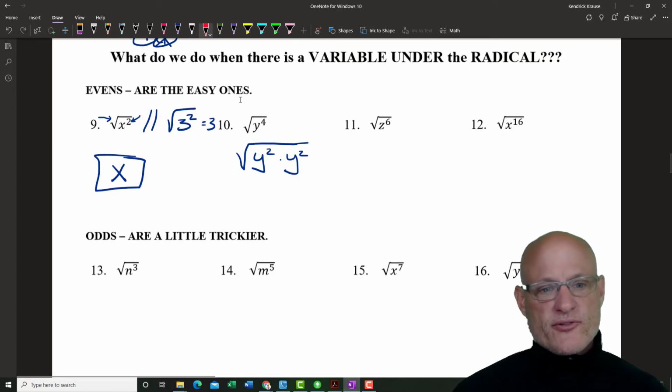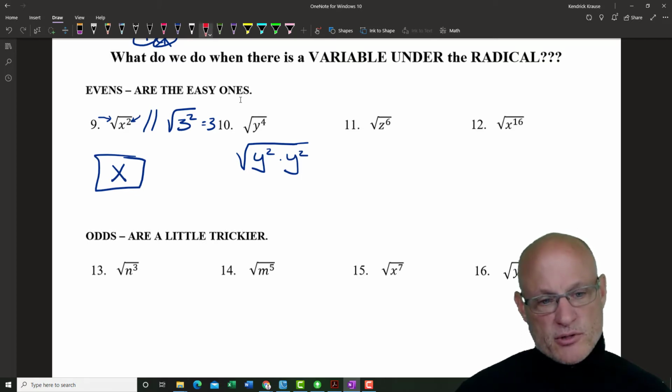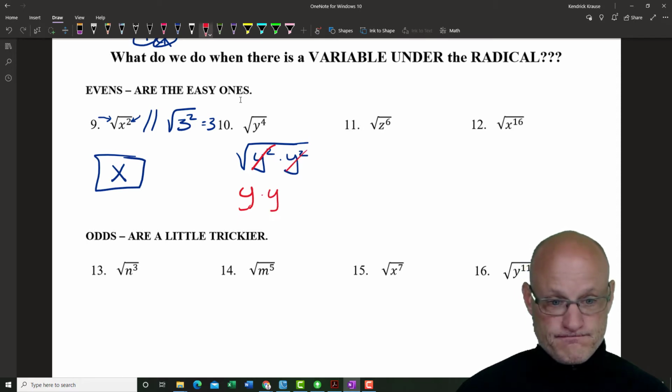So what if I wrote this as y to the 4th as y squared times y squared? Well, what is the square root of y squared? That's just y. Y times y is y squared.